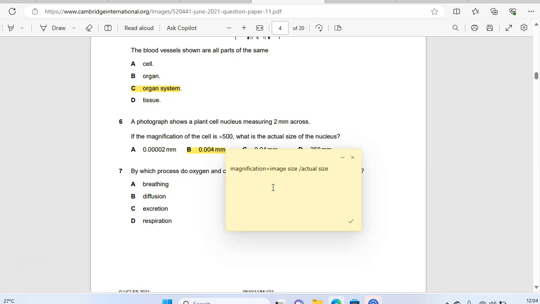To find the actual size, the formula is actual size is equal to image size divided by magnification.